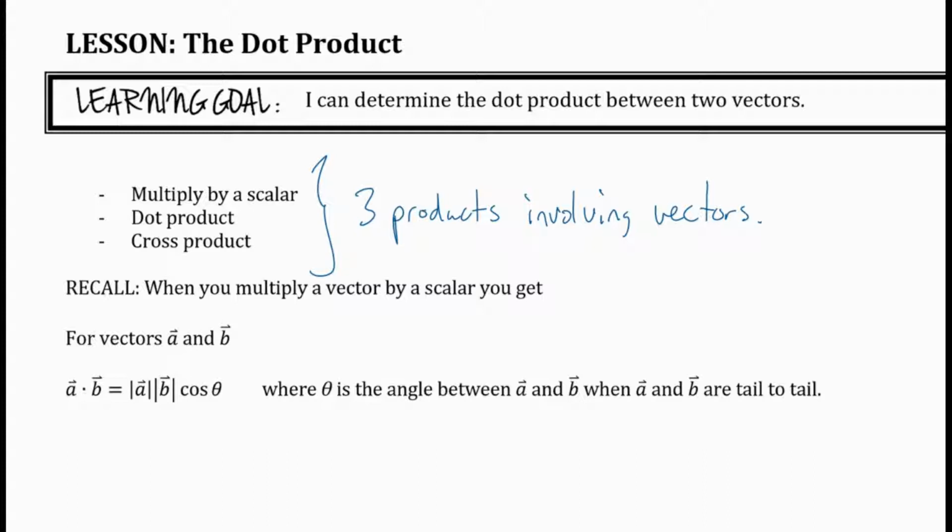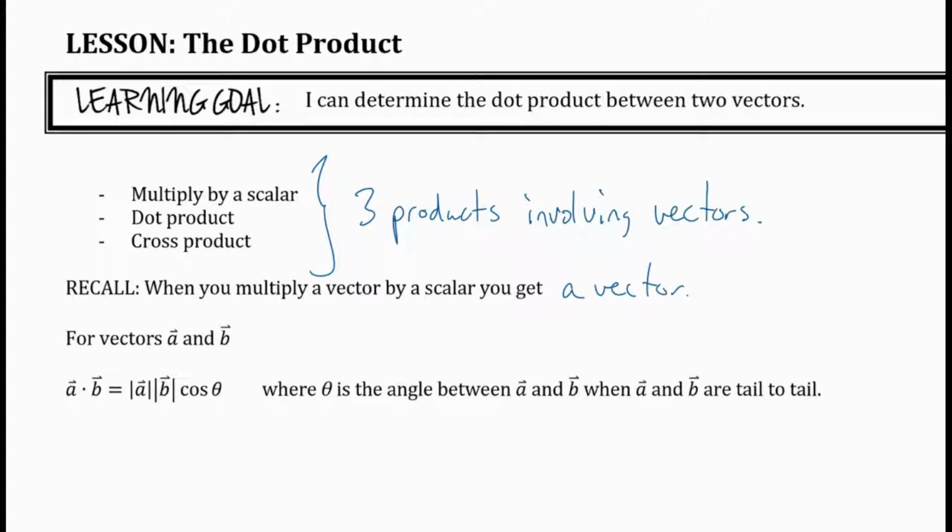So let's talk about this a little bit first. When you do scalar multiplication, when you multiply a vector by a scalar, what do you get? What's the result? Not specifically, but the result is a vector. We talked about this at the time, but without the same context, I don't think it's as obvious how important it is to understand what the result is when you do any of these different kinds of products or multiplication.